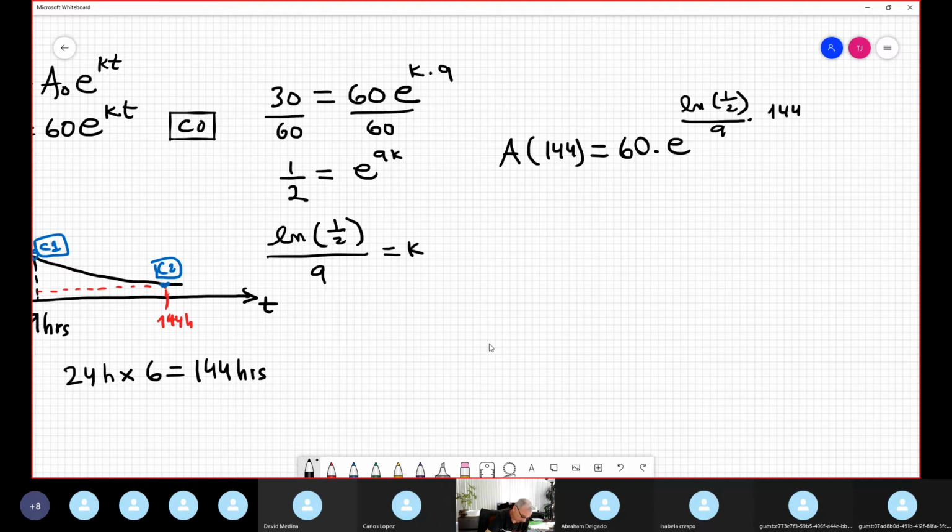Boom, I got it. Now you store this information in the memory. Good. Now I go to the formula, 60 times exponential k times 144. Close the parenthesis, press enter.